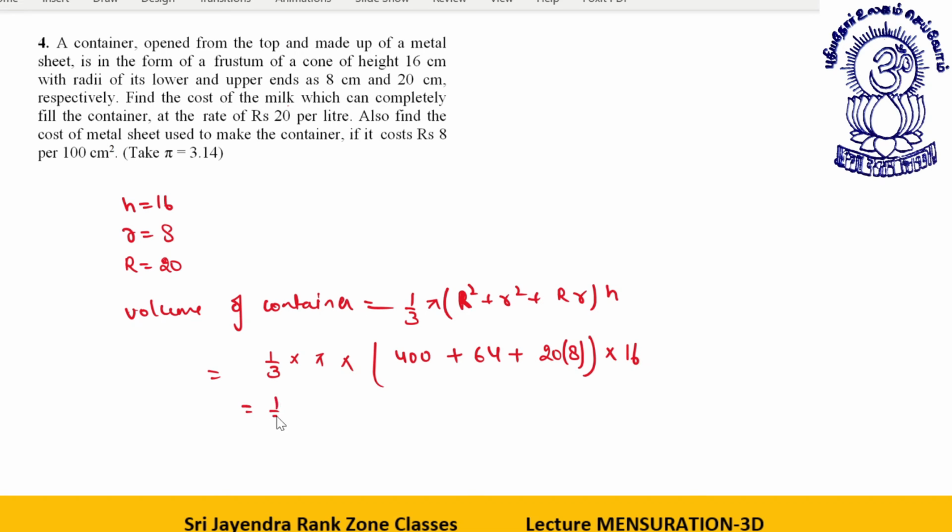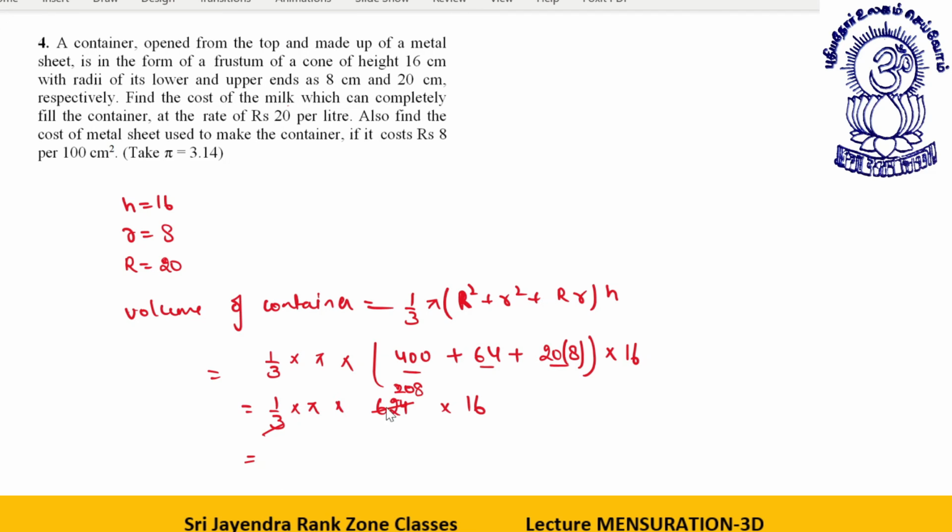So this is like 1 by 3 into pi into 400 plus 64 plus 160. 560 plus 64 is equal to 624 into 16. Or I can say 624 can be cancelled by 3 to give you 208. So this is like 208 into 16 into pi.